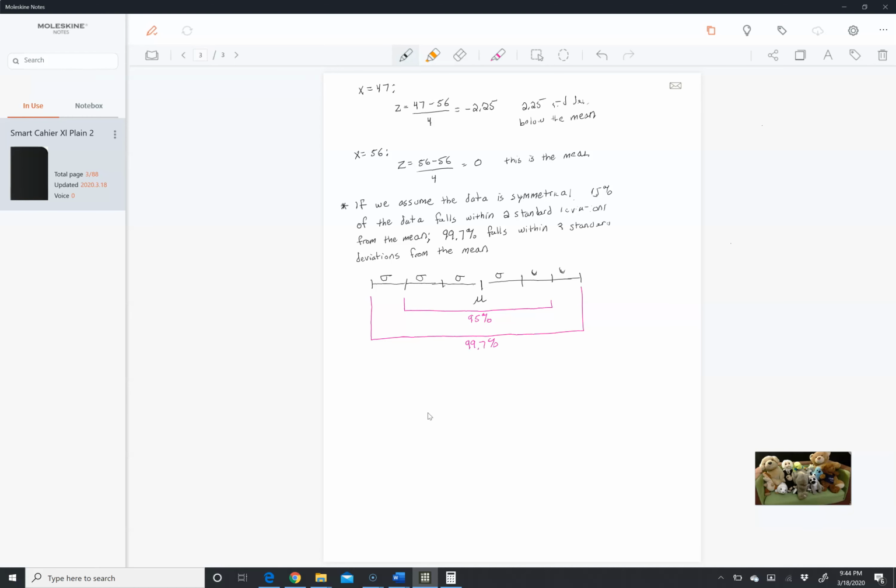So for example, suppose the mean monthly utility bill is $72 and the standard deviation is $8. Let's find the z-score for $60.